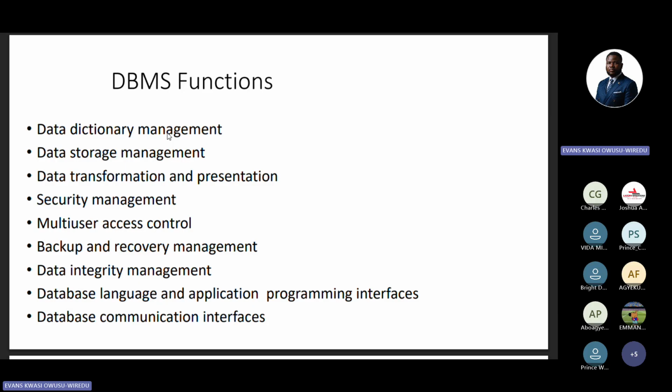Should we give a single user access, or work group access, or an enterprise access? We are going to look at that shortly.